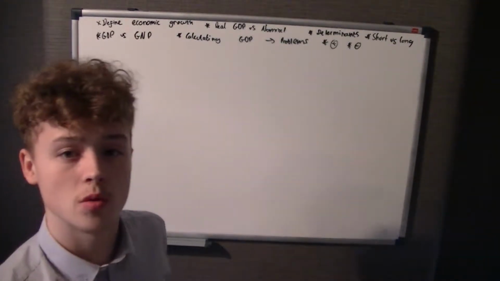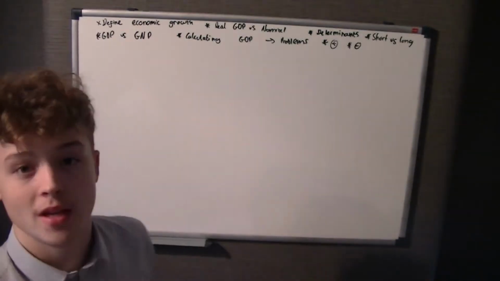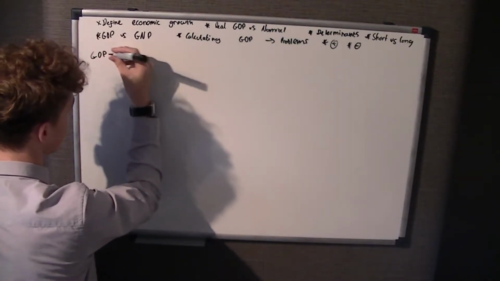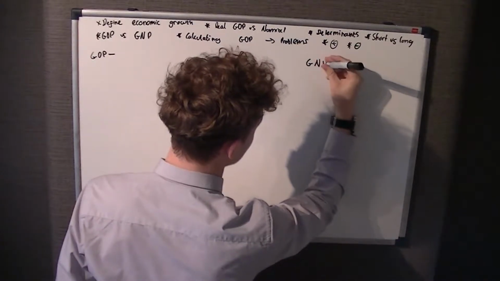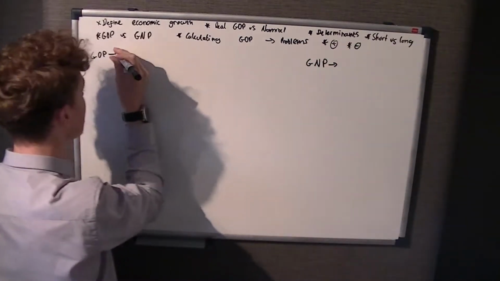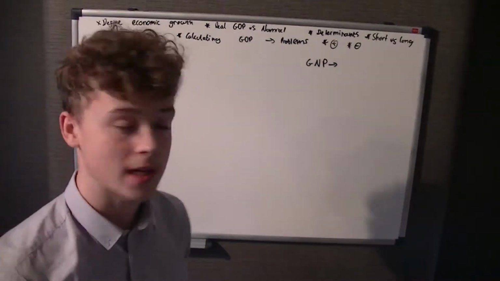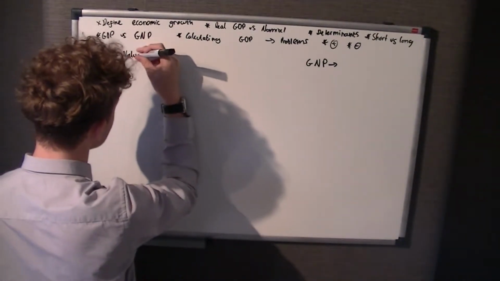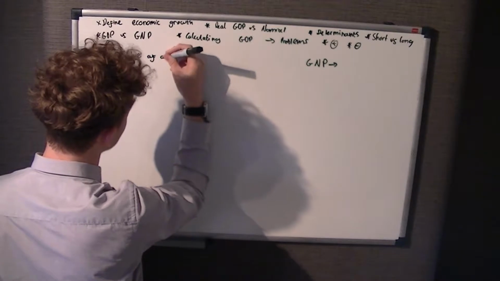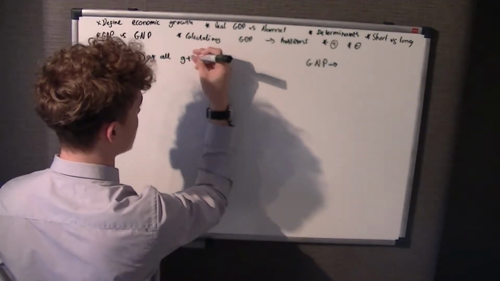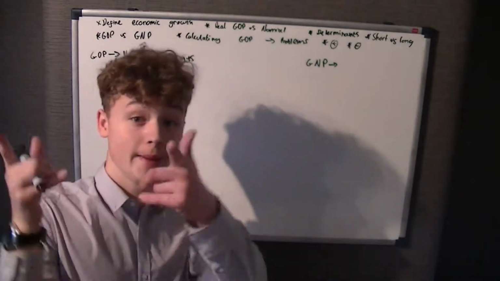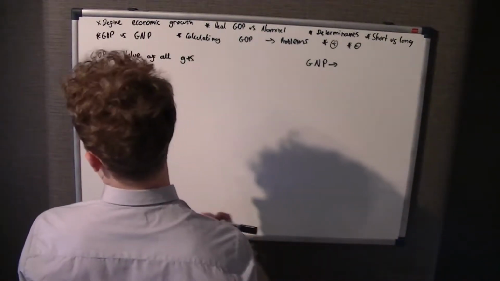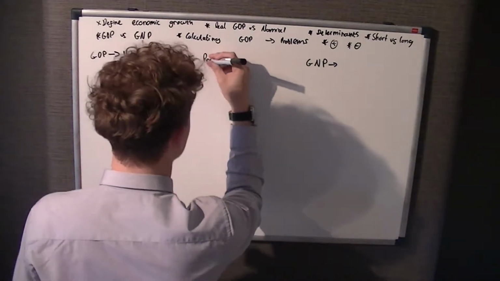So the first thing we're going to do today is GNP and GDP. GDP over here, we've got GNP over here. We have to ask ourselves, well, what are these two? Well, GDP is the value of all goods and services produced in one economy.